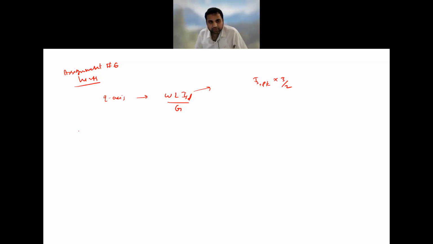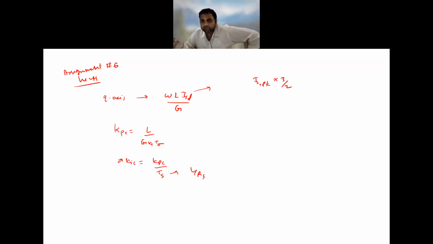Then in the question where you have to calculate the current controller Kp and Ki, from the equation you can just take Kpc equals L by G K1 T sigma. All the information is given, so you can directly use this to obtain that. And then you can calculate KIC, which is nothing but Kpc by Ts, where Ts is nothing but L by Rs.